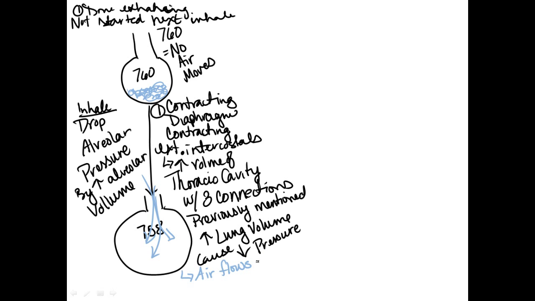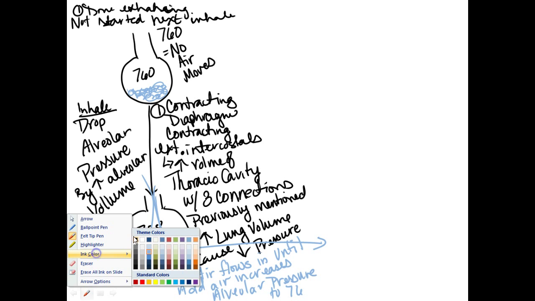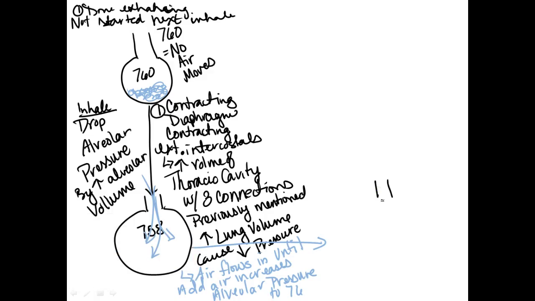So this air will continue to flow in until the added air increases alveolar pressure to 760. So if we draw this alveolus over to here to include the added air, we're going to redraw it to be about the same size, hopefully.